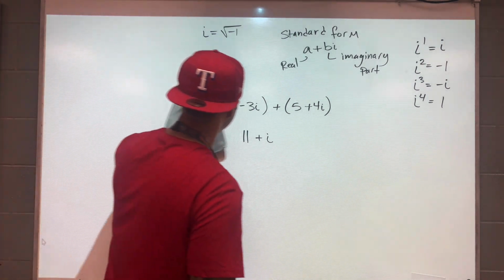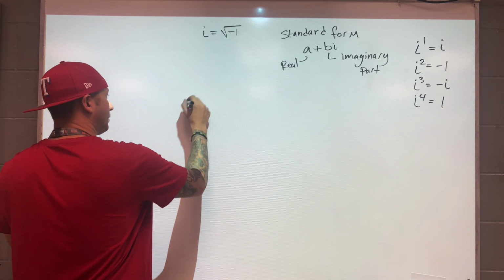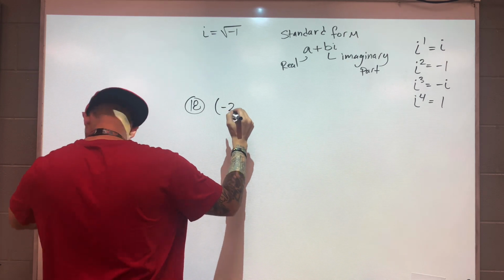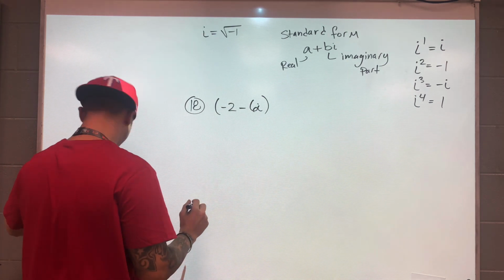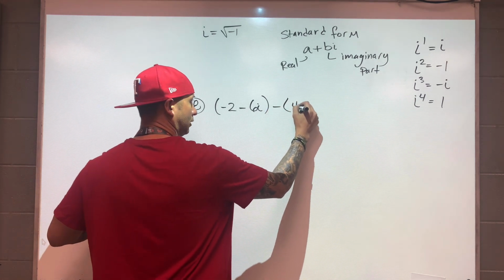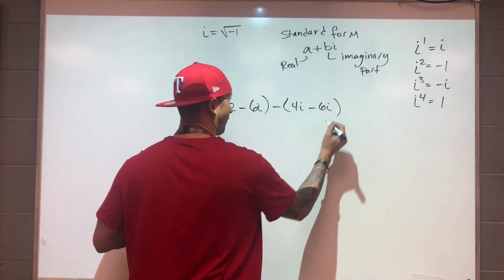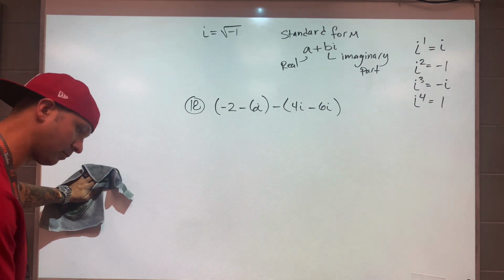All right, let's see. 18. -2 minus 6i, -4i minus 6i. Is that correct? Yeah, that is.